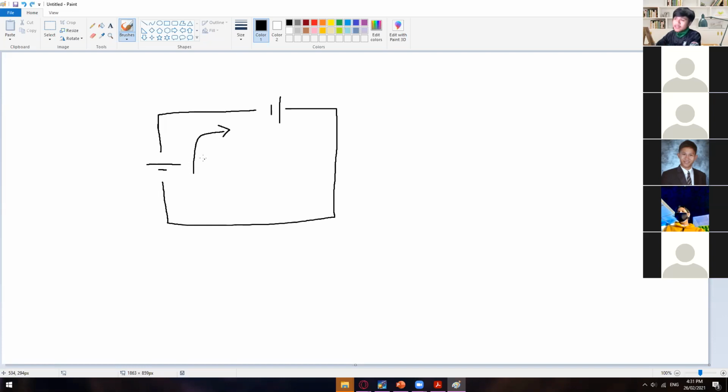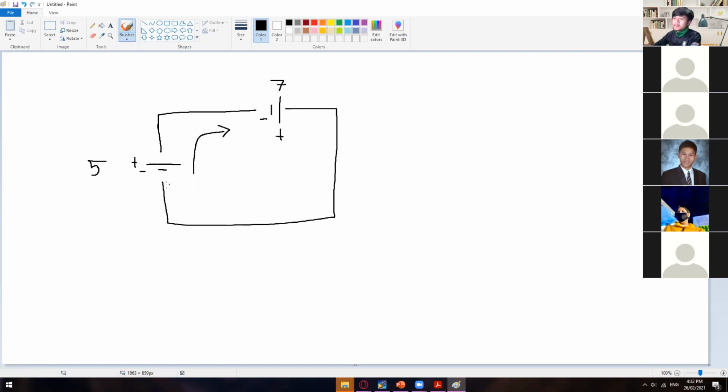Mostly I use the clockwise format. So just know the symbols, negative and positive, then negative and positive. Let's say this voltage source is 5 volts and another voltage source here is 7 volts.